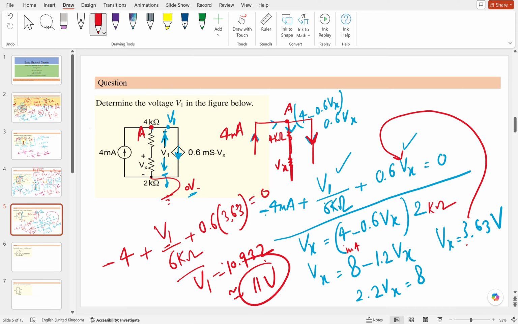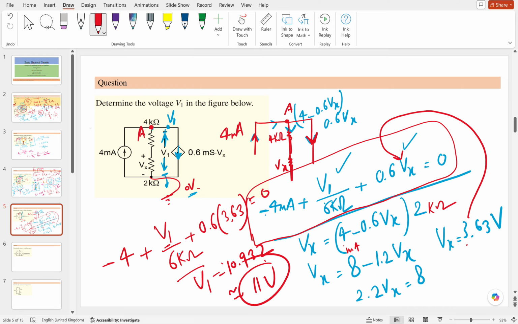Here, when we applied KCL at a particular node, we got two variables. By default it should come to my mind that I need two equations to solve two variables. Then my mind should go to where I can find the second equation to put into the first equation to solve it. Then just figure it out in the network itself.